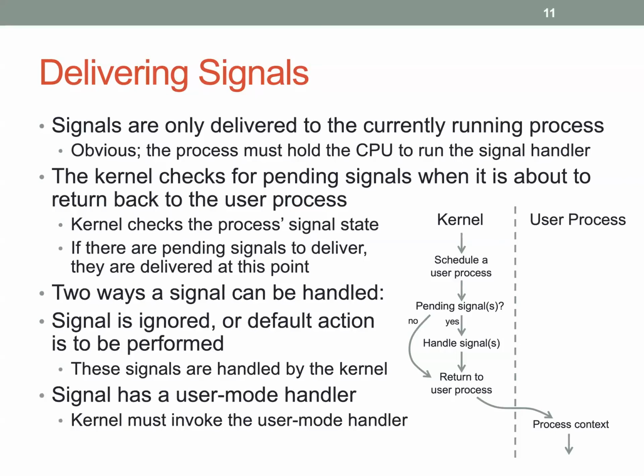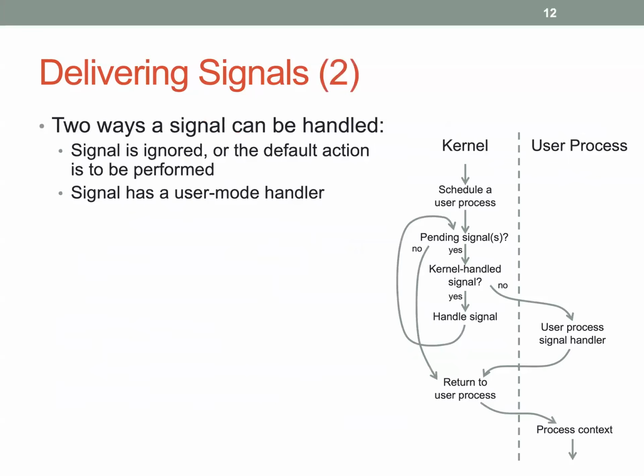Now, the signal handler exists in user space. And certainly we don't want to run the user space signal handler in kernel mode. That seems like a terrible idea. So what we do instead is we switch back to user mode, run the signal handler, and then magic, right? So we still haven't completely explored how this is implemented yet.